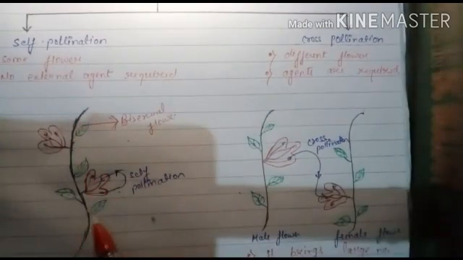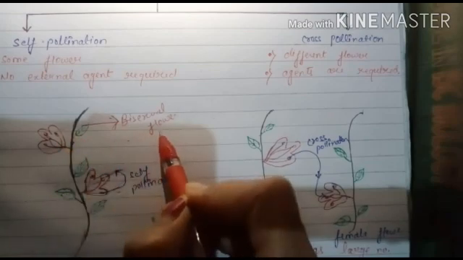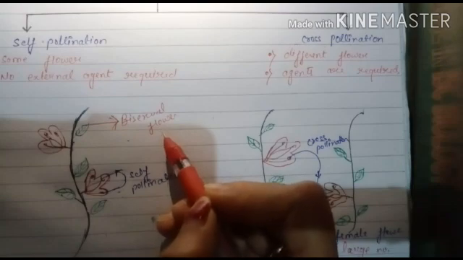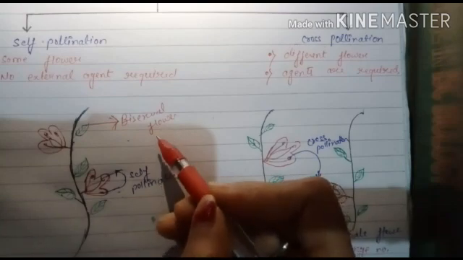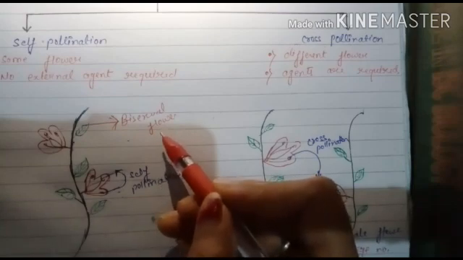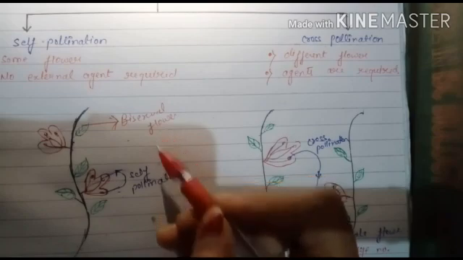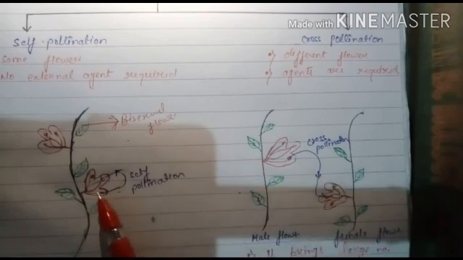Self pollination, I will discuss with the help of a diagram. I have drawn here a bisexual flower. Bisexual flower means a flower in which both male and female parts are present. The definition of pollination you know.